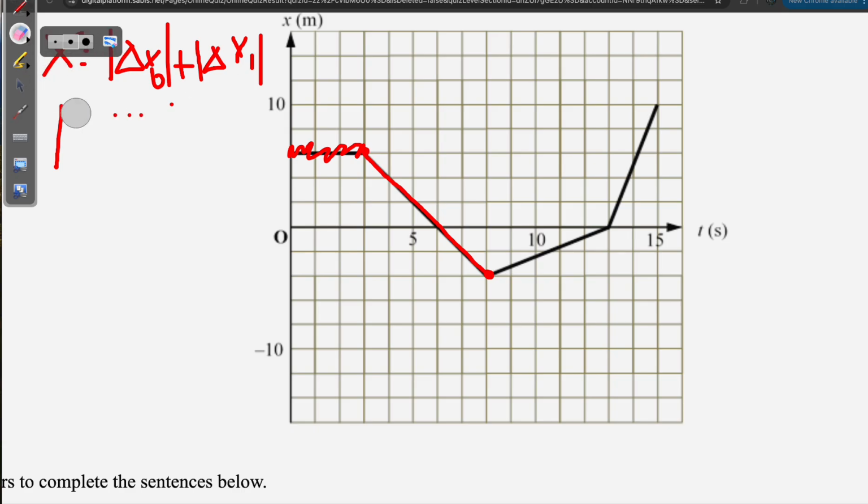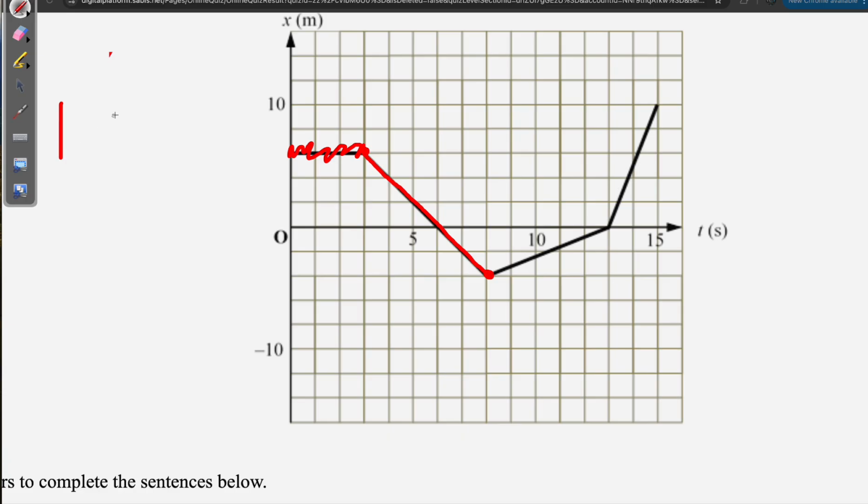Absolute value of the final, negative 4, minus 6, is equal to 10. So delta x0 is 10 meters.